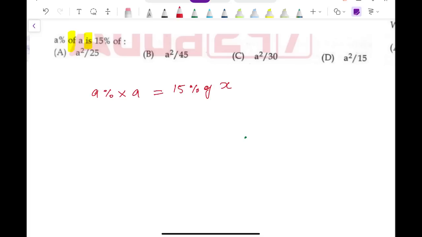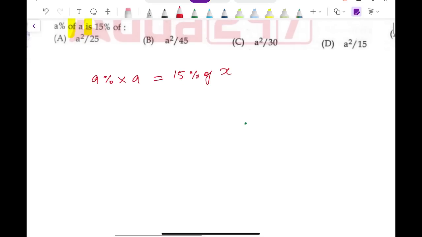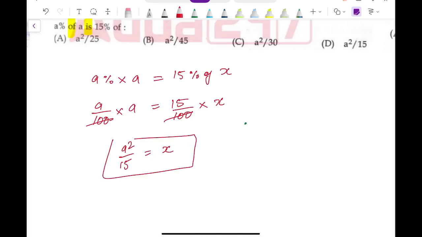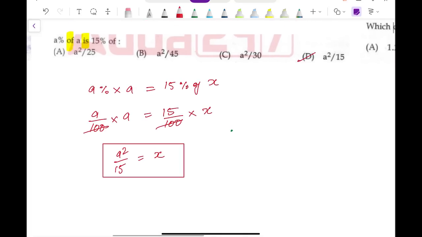Let it be x. A% means A divided by 100 into A, equal to 15% which is 15 divided by 100 into x. So this 100 will get cancelled, both are in the denominator. So A into A is A squared, divided by 15, since 15 is in multiplication, it will go to division. We are asked to find this value only, so A squared divided by 15 is the answer here.